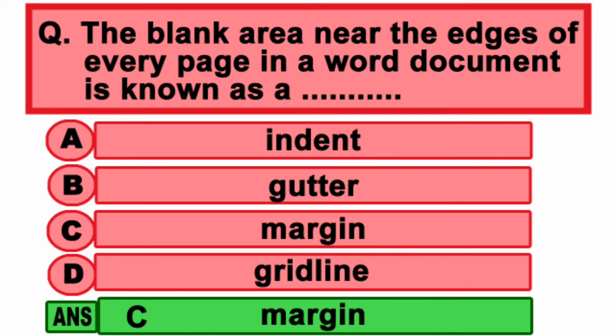Margin. Margins are the blank spaces that lines the top, bottom, left, and right sides of a document. Grid line. Grid lines are the faint lines that appear between cells on a worksheet. The correct answer is answer C, margin.